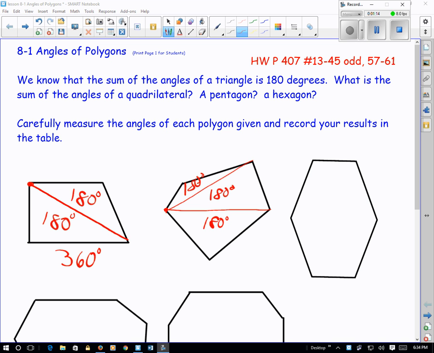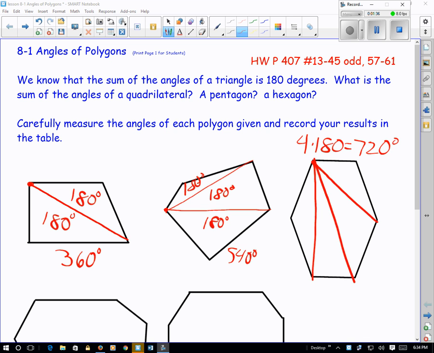And so 3 times 180 gives us a total of 540 degrees for that polygon. For the hexagon, again, pick one vertex, draw the diagonals. This time we end up with 4 triangles. So we see that 4 times 180, we have 720 degrees for the sum of the angles there.